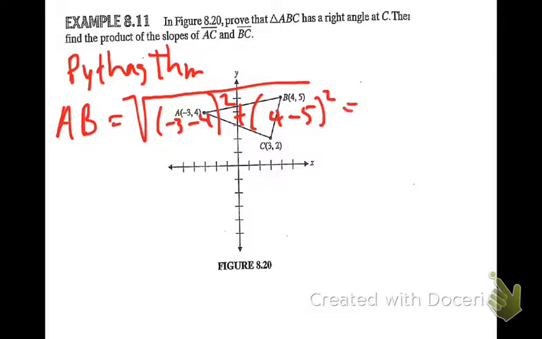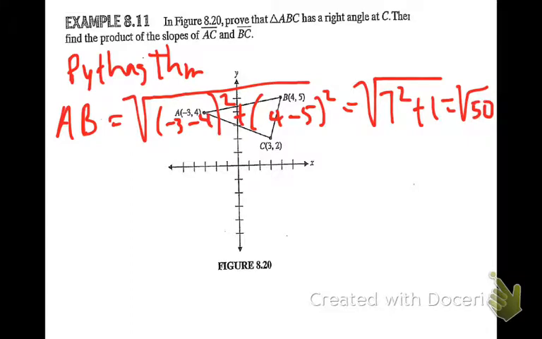We're using A as our x2 and y2. So that's going to equal the square root of 7 squared plus 1, which is equal to radical 50. That's AB.